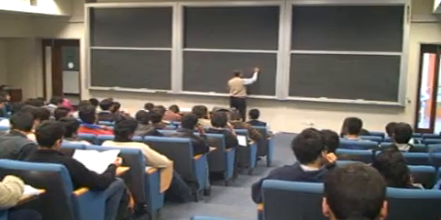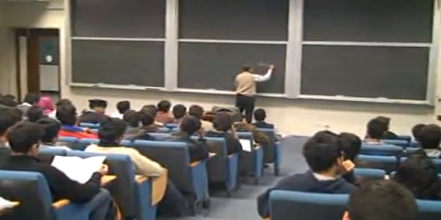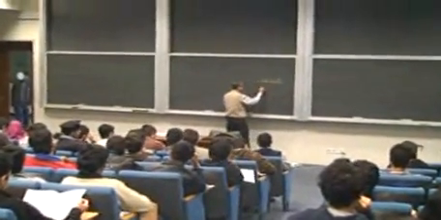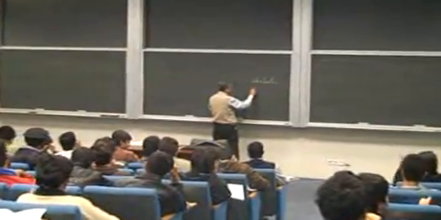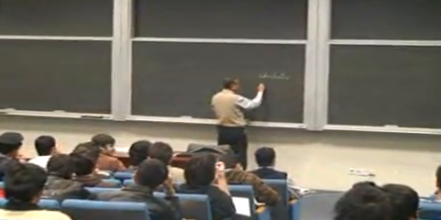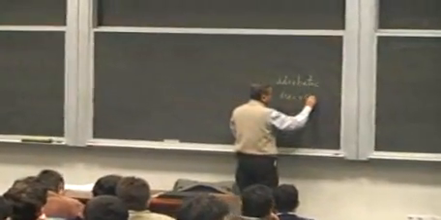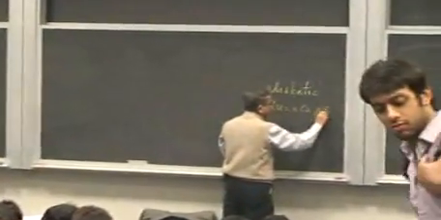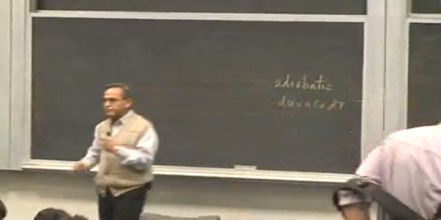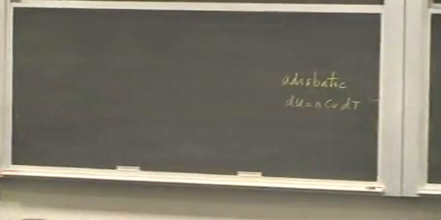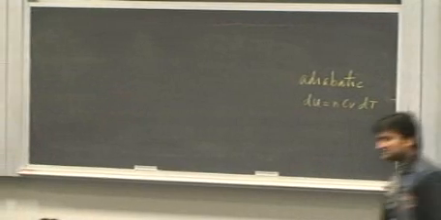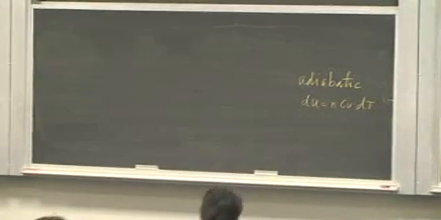Taking adiabatic processes, considering adiabatic processes, but then taking du equal to n times Cv times dT, which was calculated for a constant volume process.